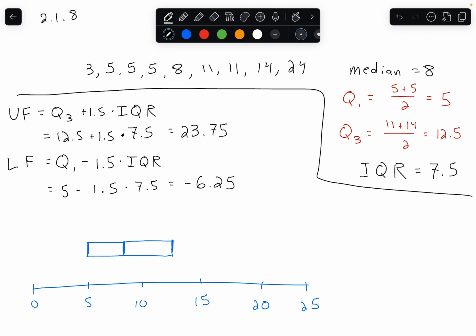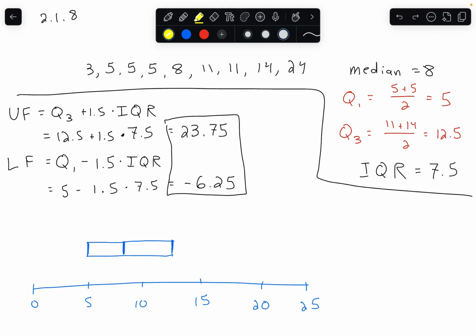So what these two numbers together do is they basically tell me what is and is not considered an outlier. Anything between negative 6.25 and 23.75 is not considered an outlier. But if we have anything that is less than negative 6.25 or greater than 23.75, that would be considered an outlier.